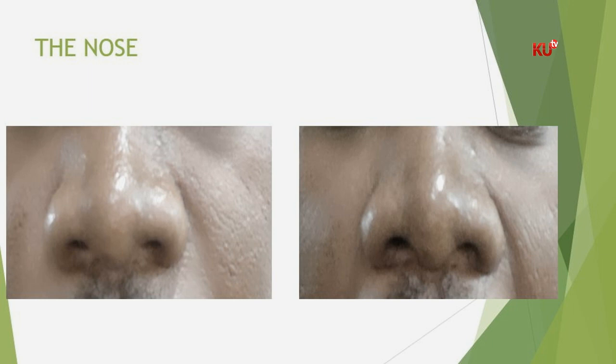The third sense organ is the nose, and you can touch your nose. You can also look at your friend's nose and know that is sense organ number 3.